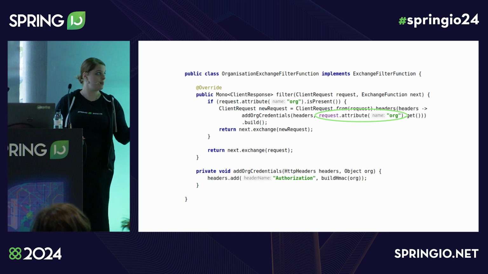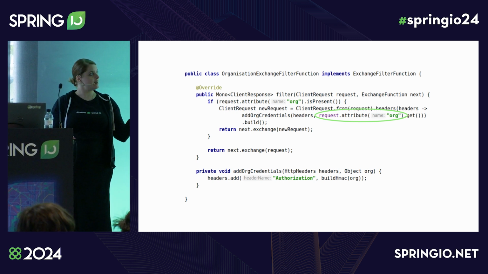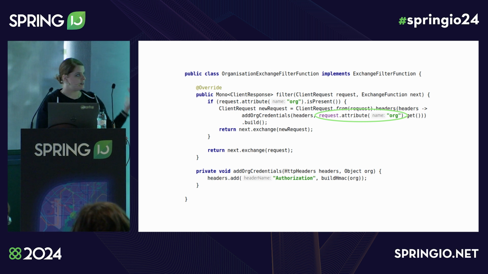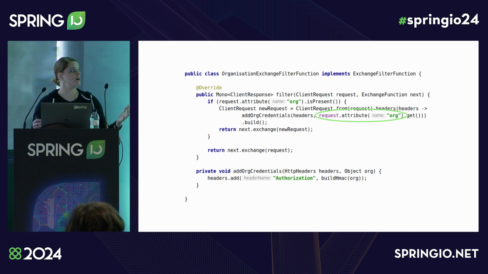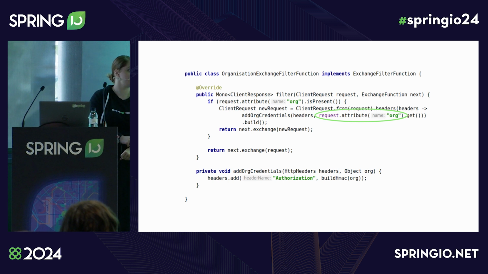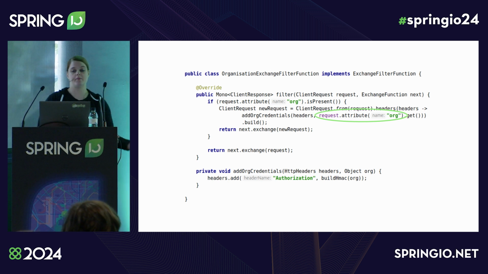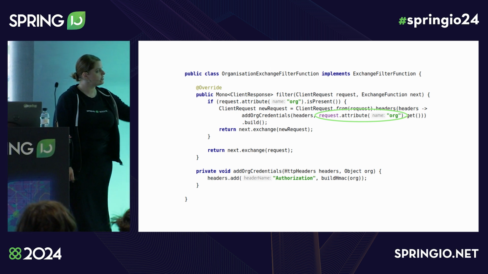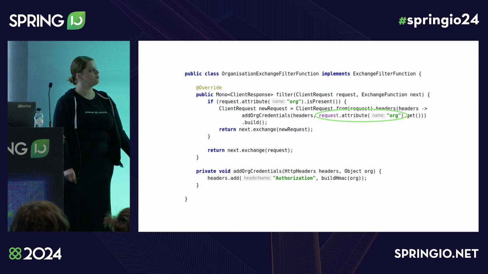This is an example with web client, and web client allows us to implement exchange filter functions and in a kind of a group way modify whichever requests pass through. And the way it is done is if you implement the filter method, you can basically change your request, and as you can see here, we had one request, but then we have a new one, and we are going to send a new one. And this is an actual example from an issue that we got from a user.